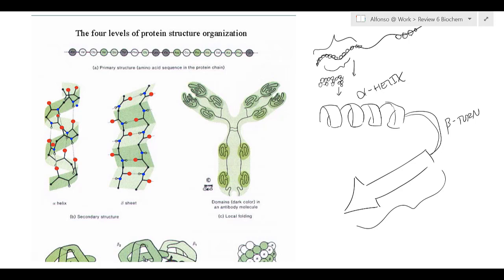How do these alpha helices and beta sheets convert, or how do they get turned into alpha helices and beta sheets? So the answer is that it has everything to do with the specific sequence of amino acids. So it's the specific sequence of amino acids that allow the formation of the alpha helix and the beta turns and the beta sheets.